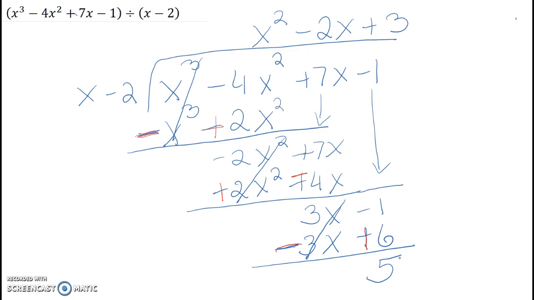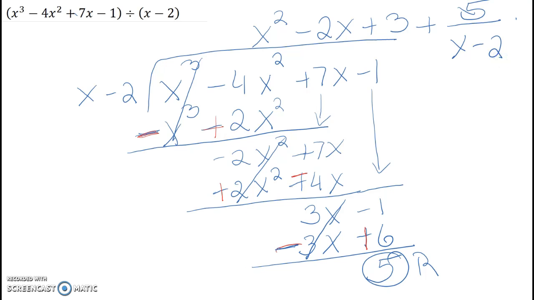Now we can't bring anything else down, and there will never be a multiple of x that will give you a 5 unless it's a rational number. Therefore, 5 becomes our remainder. The way we will express the answer is as plus the 5, which is your remainder, over x minus 2.